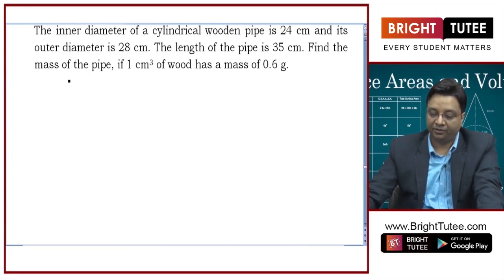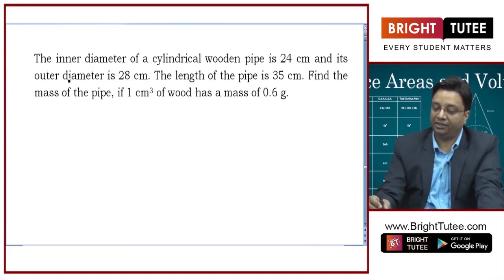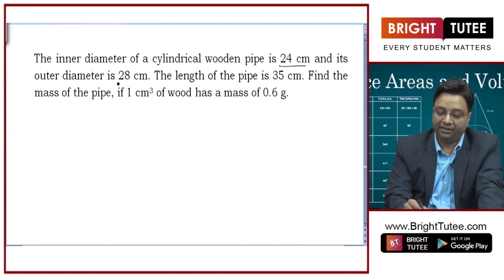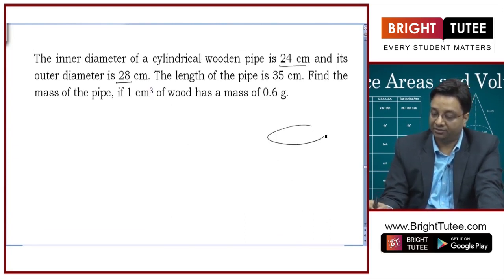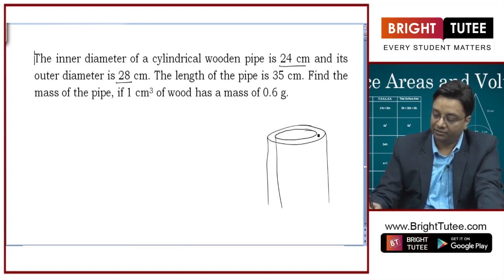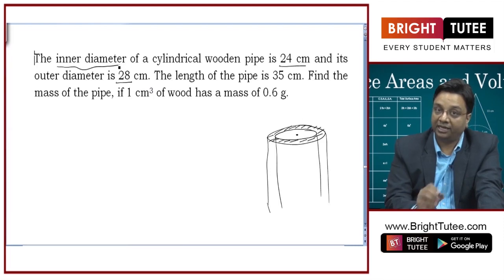Now inner diameter of a cylindrical wooden pipe is 24 centimeter and its outer diameter is 28 centimeter. So this is something like this, right? This kind of wooden pipe is there. It has got certain thickness. Inner radius: now it is talking about inner diameter.